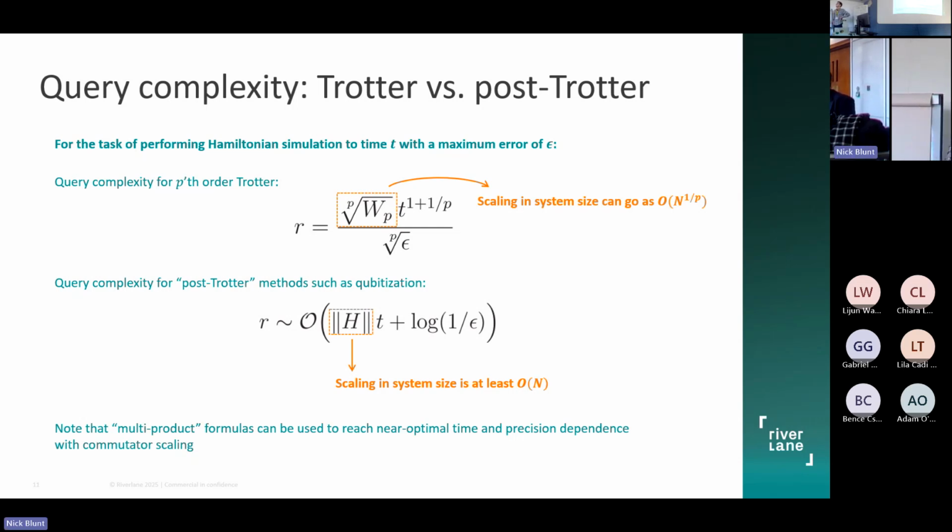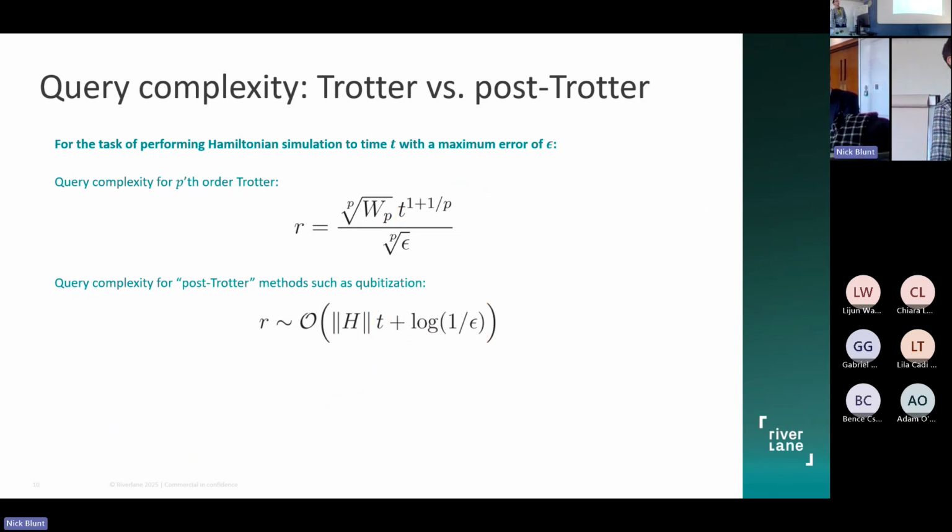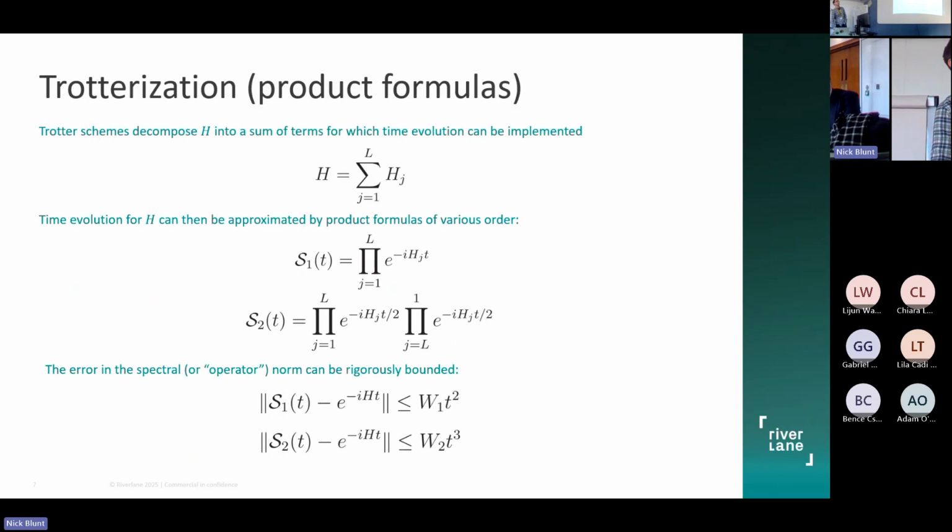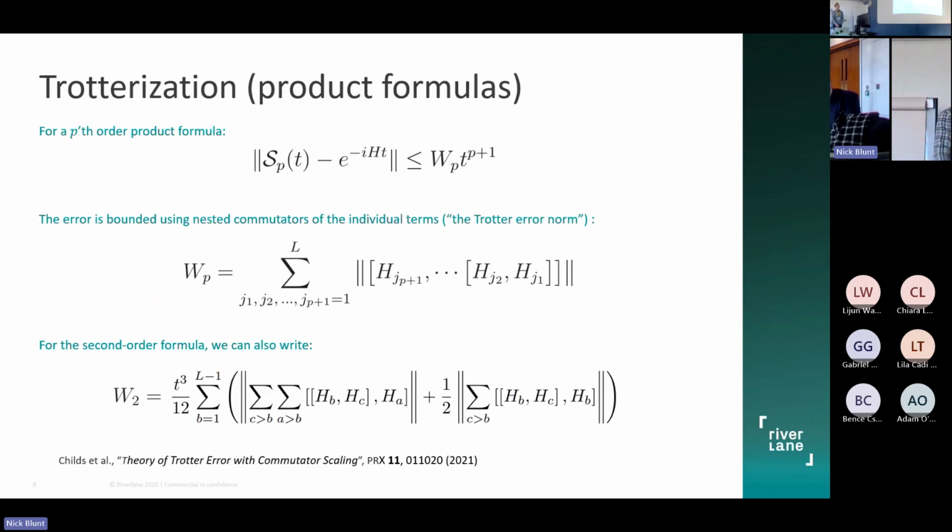So I guess maybe you'll explain this later, but what's the intuition behind the fact that these local Hamiltonians have better scaling? I'm not sure of the intuition. Ultimately, I think it comes back to the fact that this is the scaling for the norm: in T it's to the order P plus 1, whereas in W it's just order 1.